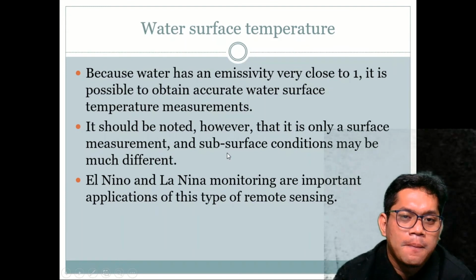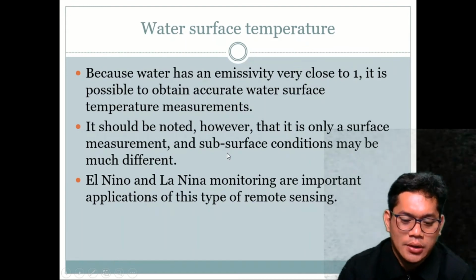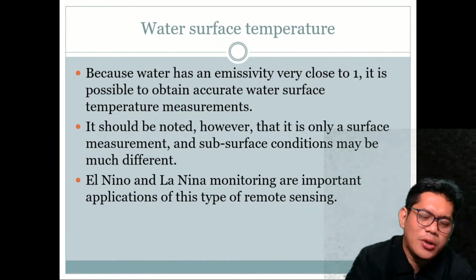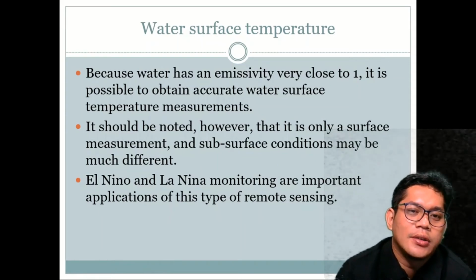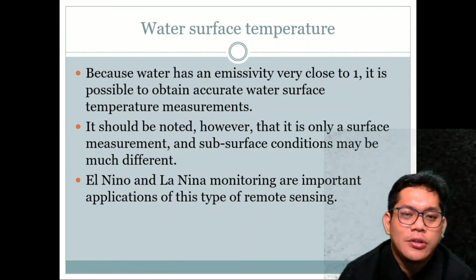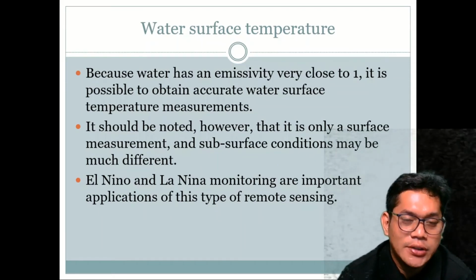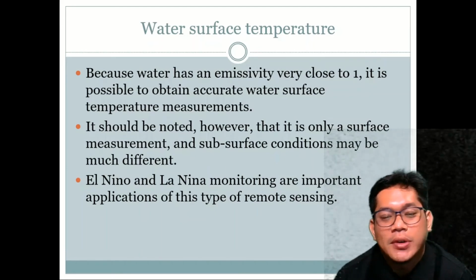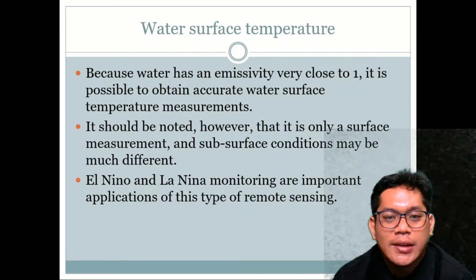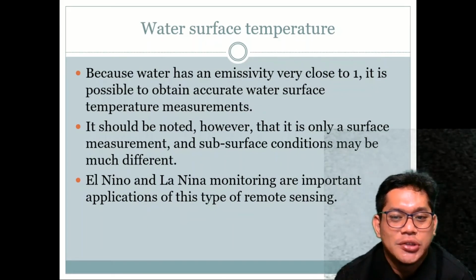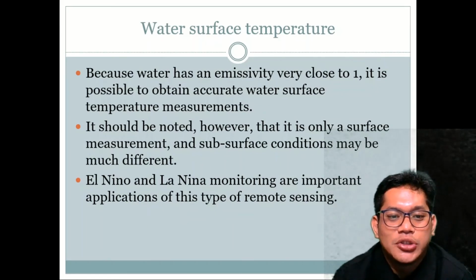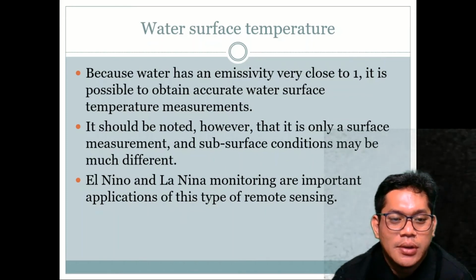Of course, remember that in remote sensing we do have the thermal infrared, so we can use it to determine the water surface temperature. Because water has an emissivity very close to 1, it is possible to obtain accurate water surface temperature measures. It is only for the surface measurement, and subsurface conditions may be much different.